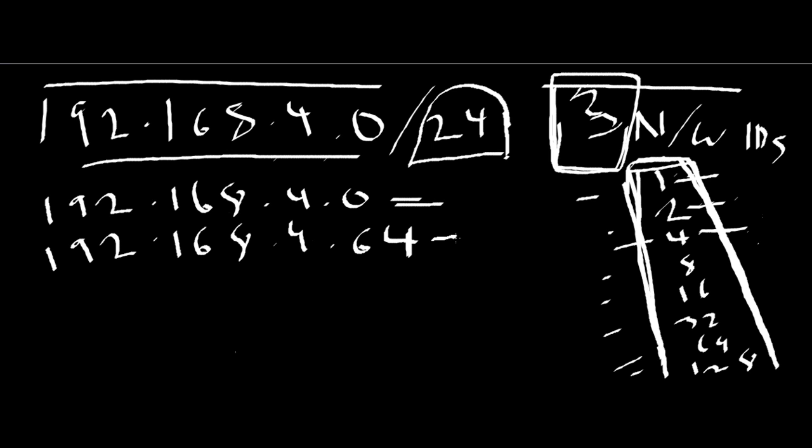So minus 1, that makes your broadcast ID 192.168.4.63, and this is already your network ID. So right now we just solved for 2 things. Now you have your broadcast ID, I had to shorten it to BID, and then this is your network ID.